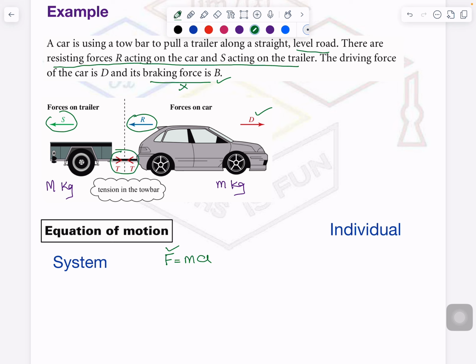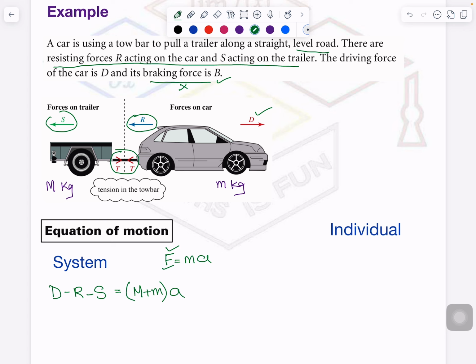So the forward force is the driving force D minus the resistive force of the car R minus the resistive force of the trailer S. So this resultant force equals m times a. Now mass will be the mass of the trailer and the mass of the car. So this is how you will write down the equation for the system.